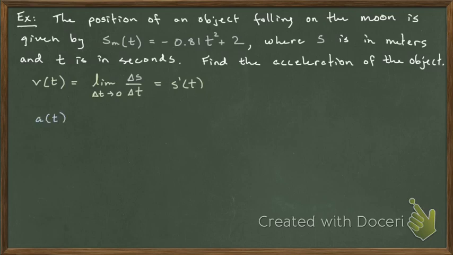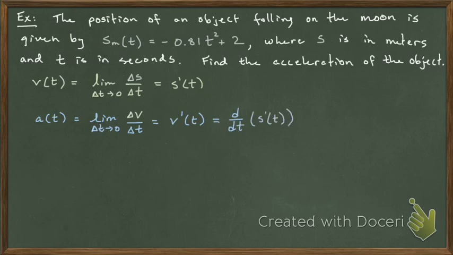Acceleration just happens to be the rate of change of velocity with respect to time. How fast is my velocity changing as a function of time? That looks like the limit as delta t goes to 0 of delta v divided by delta t. It's the derivative of velocity, which is really just the derivative with respect to time of the derivative of position, the second derivative of position. So acceleration is simply the second derivative of position, or the derivative of velocity.